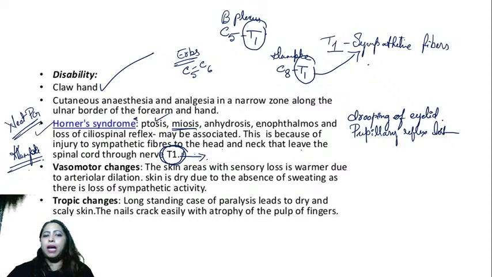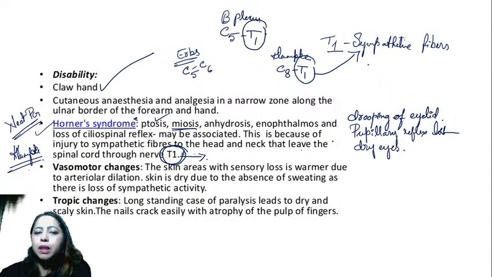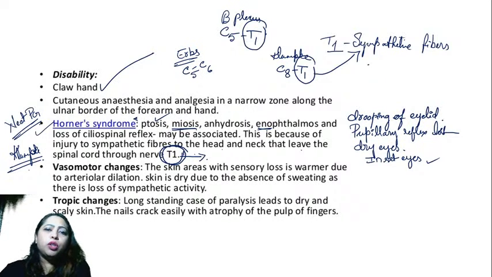Then you have anhidrosis, that is dry eyes. Then enophthalmos, that is sunken eyes. I have just given you these acronyms or synonyms for all these words. One is ptosis, that is drooping of eyelid.